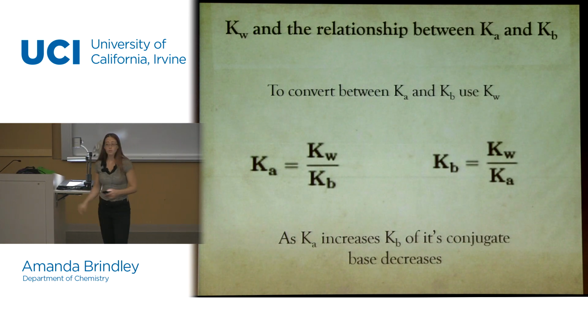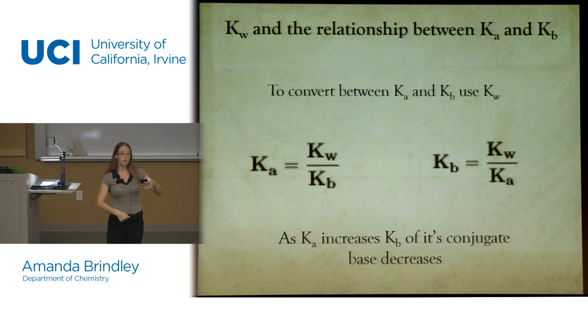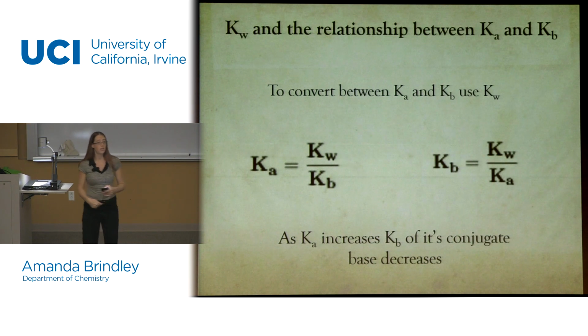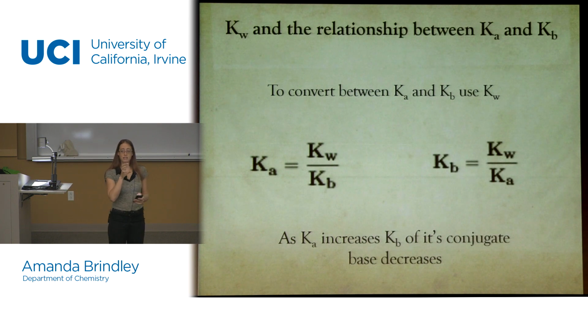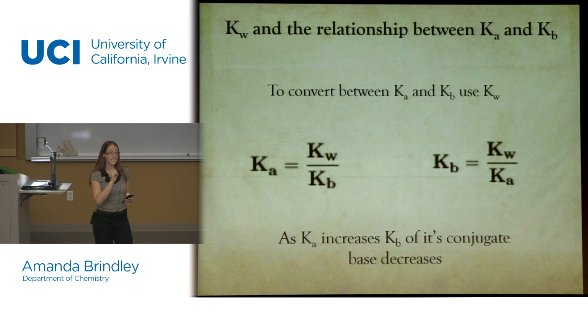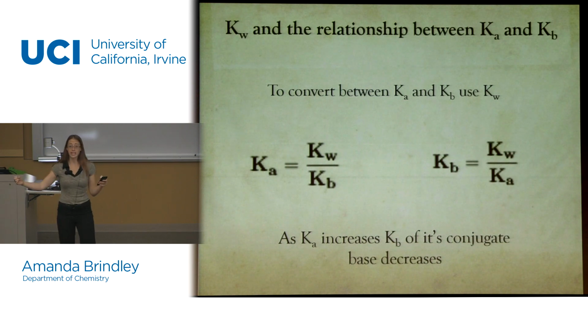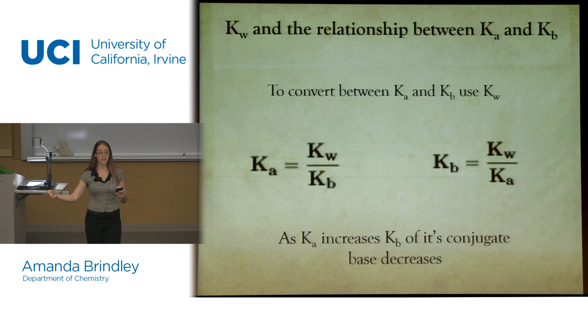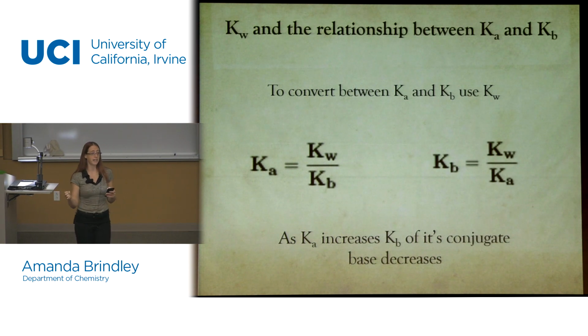Okay, one other thing then that comes out of this. Notice that as one goes up, the other goes down, right? They're inversely related. That makes sense. So if you have an acid, and it's pretty strong, it wants to break up, right? That's what strong acids mean. It wants to break up into its H plus and its A minus.